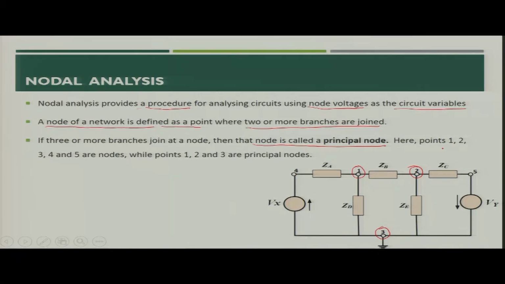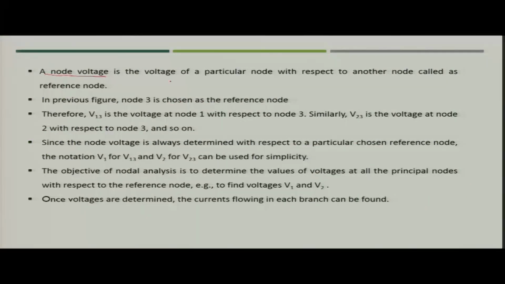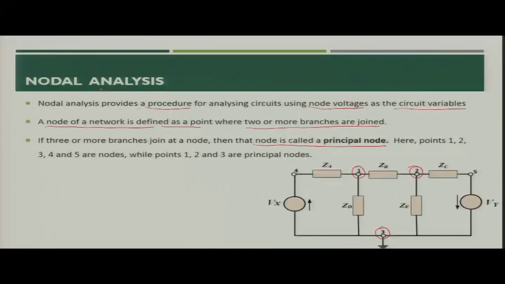Let us see the significance of the principal nodes. What is the node voltage? Node voltage is the voltage of a particular node with respect to another node which is called the reference node. From this figure, if you write V13, that means the voltage of node 1 with reference to the reference node, node 3.